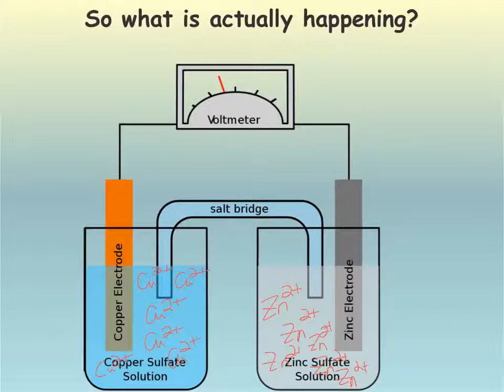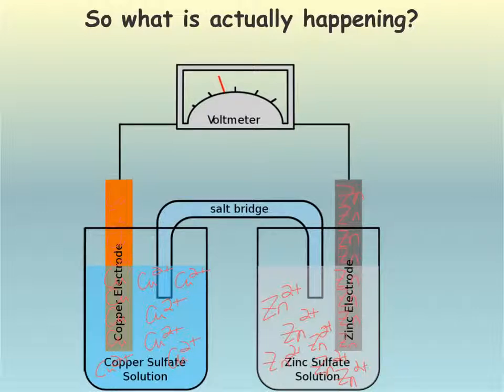Okay, and in an ideal world, there are equivalent amounts of each. Okay, all right, now on our actual electrodes are just the normal little elements. So we got elemental zinc, so oxidation number is 0. And then over here, we have elemental copper on this electrode. Okay, so we know that copper is being reduced.